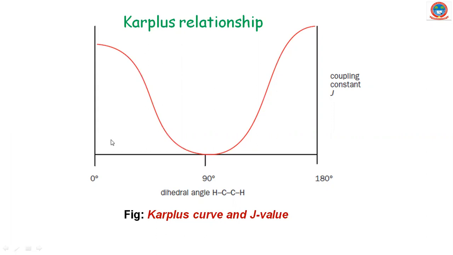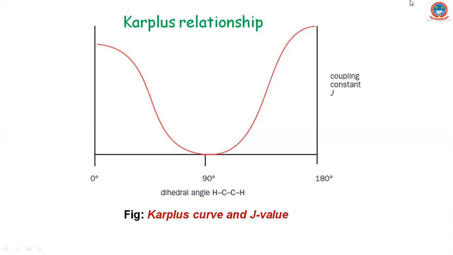So now we see, when we have an angle of 90 between the two hydrogens, what is the value of J? You can expect from this graph, 0. If the angle is 90 or around that, 92, 89, almost 0 means there would be no splitting. What is the reason behind that?